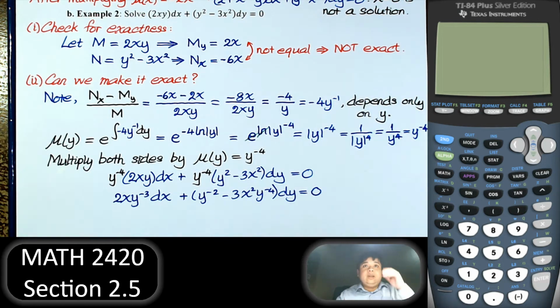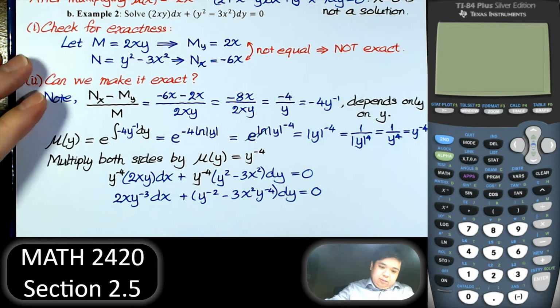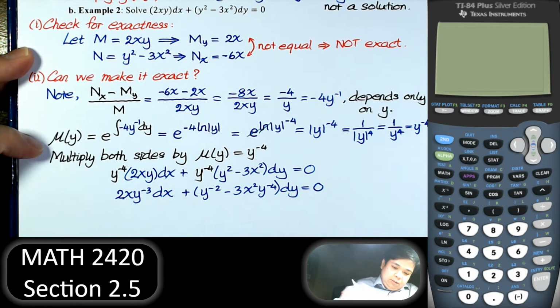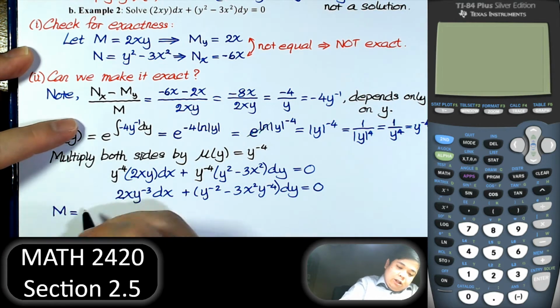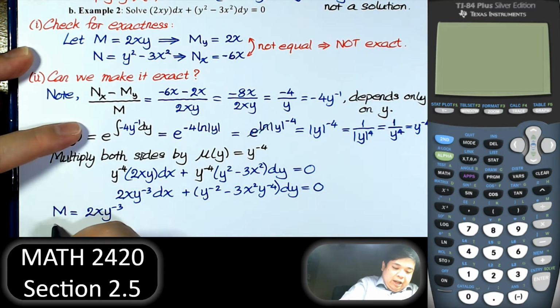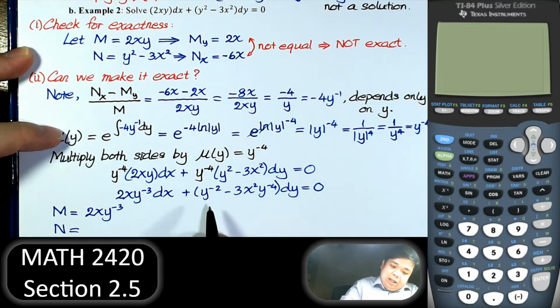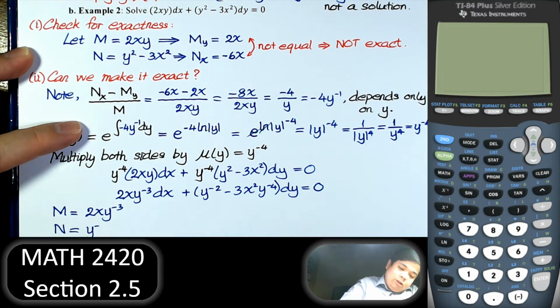Right. Now we have a new equation. Now we will check to see if this is exact. So we just checked. M is equal to 2x y to the -3, and N is y to the -2 minus 3x squared y to the -4.